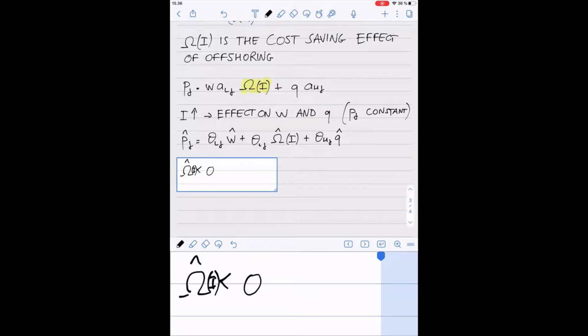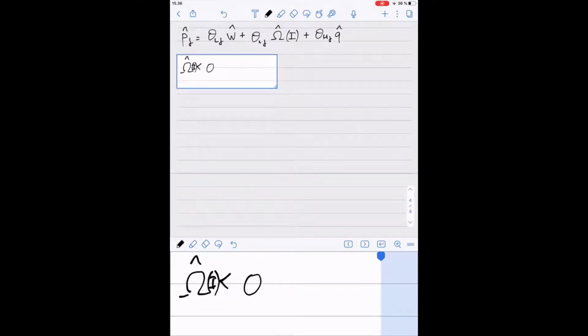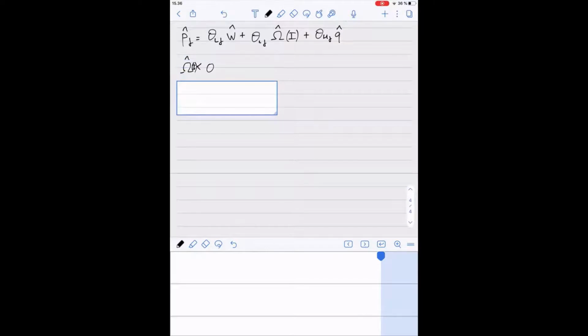Great. So let's figure out what happens to the wages of low-skilled workers and high-skilled workers. Here, recall that P hat J equals 0.